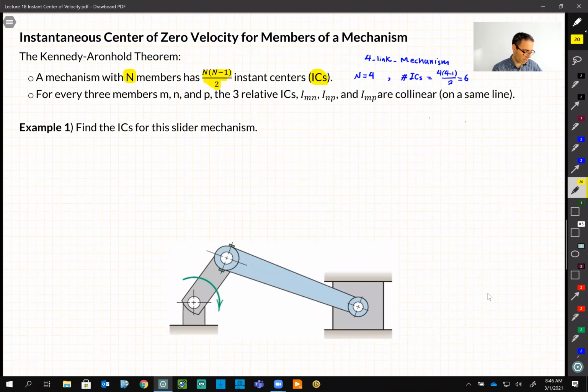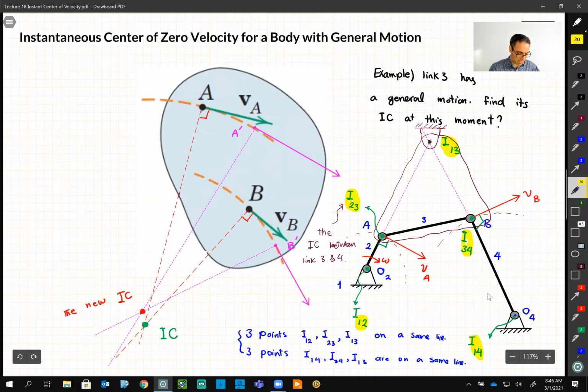This is what we saw: for any 3 members, the 3 instant centers are collinear, as we saw in this example. Like the 3 members here, 1, 2, and 3, for this scenario, the 3 of them were on the same line.